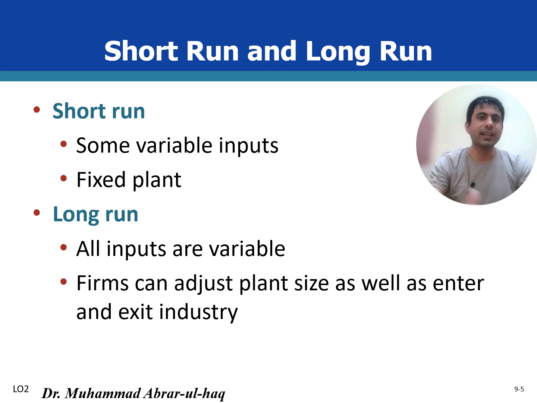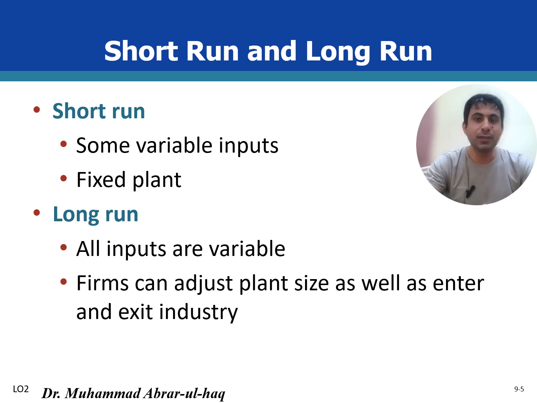In production analysis, the short run and long run represent distinct periods with different characteristics regarding input flexibility and production adjustment. In the short run, businesses operate with a mix of fixed and variable resources. So the production capacity or the plant size remains fixed, meaning it cannot be altered during that time period.